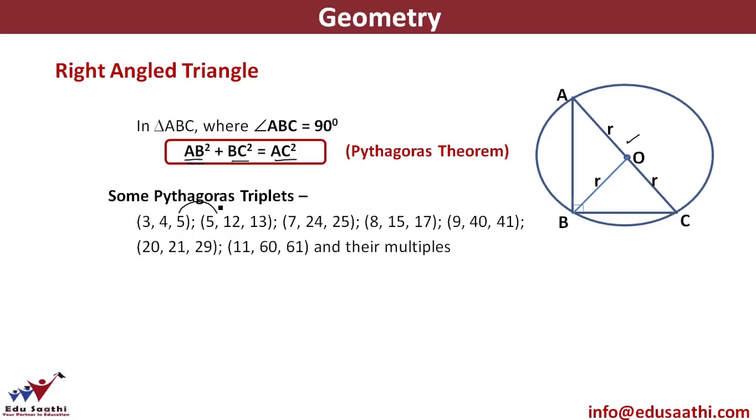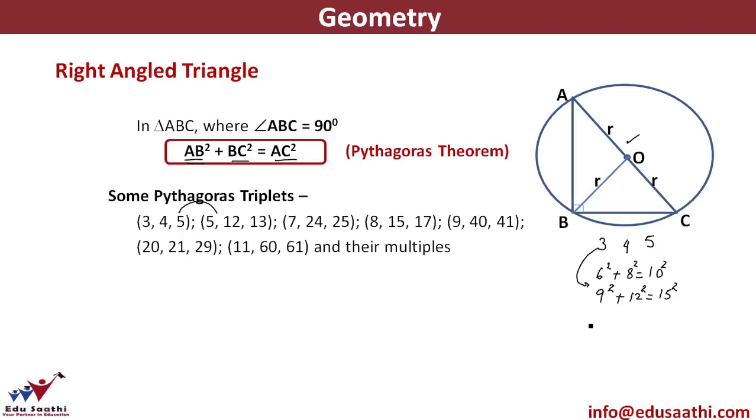If I have a basic triplet 3, 4, 5, multiplying by 2 gives 6, 8, 10, which also forms a triplet: 6 square plus 8 square equals 10 square. Multiplied with 3, we get 9, 12, 15: 9 square plus 12 square is equal to 15 square.